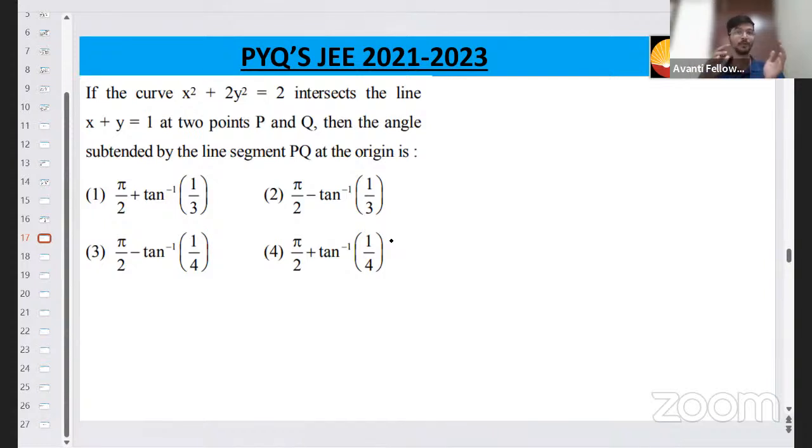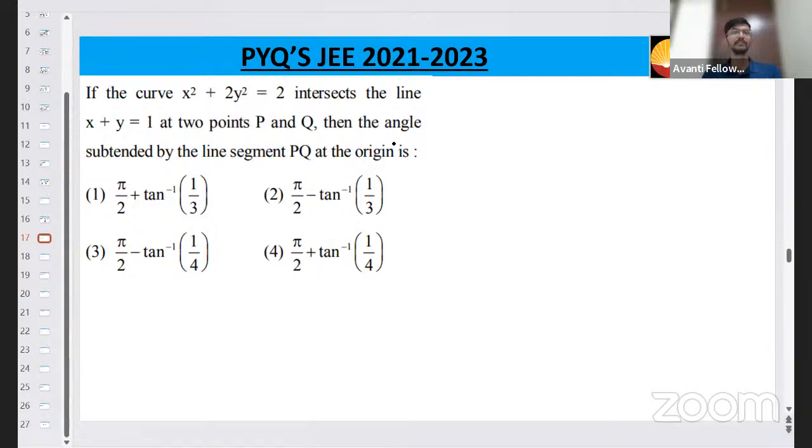So I hope whoever is giving the January attempt next year will score well, because it has been seen from past data that January attempt question papers are simpler, because many students are giving it for the first time. Many of them have still not completed the portion and so on, right? So these are from January 2021 to 2023.